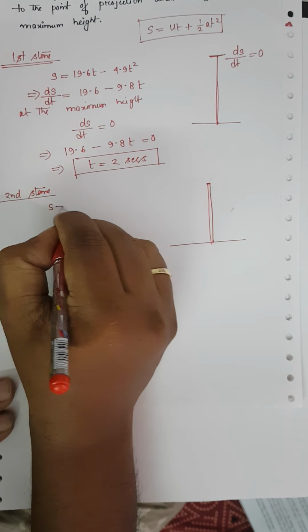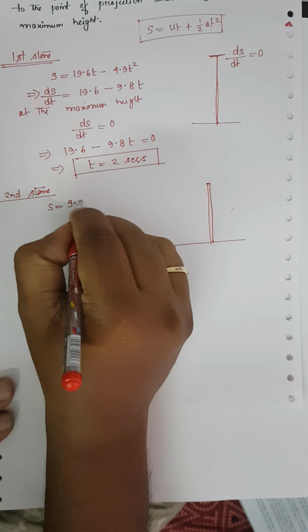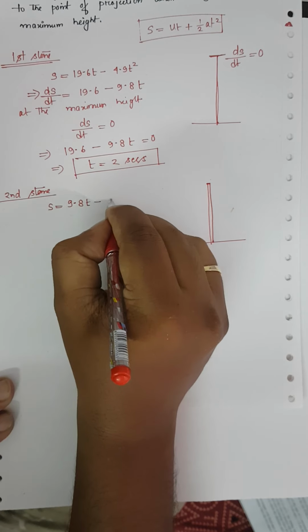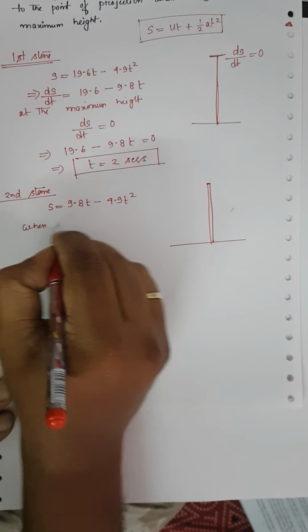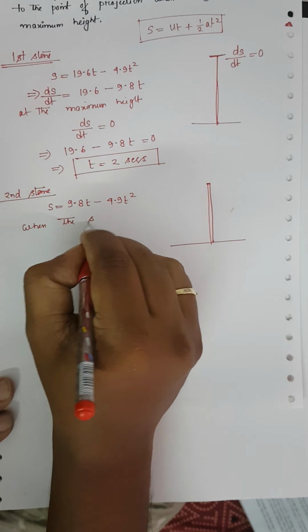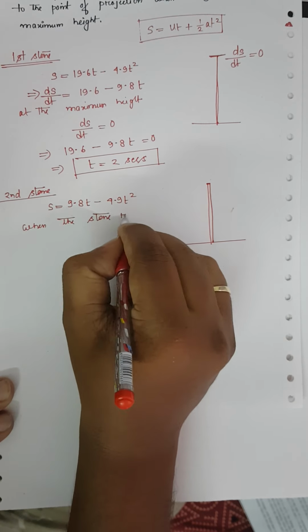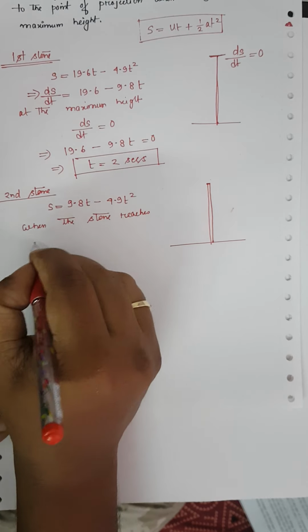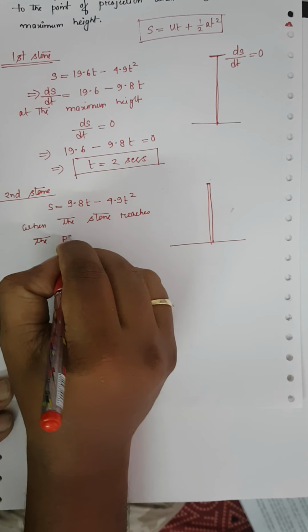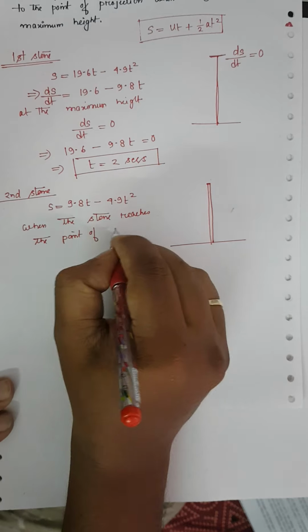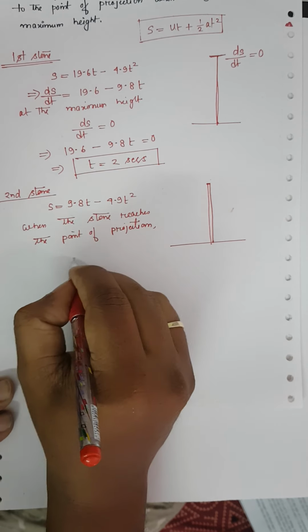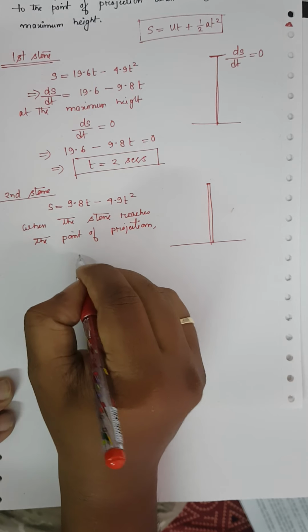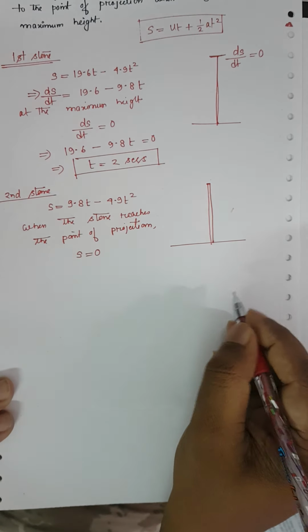So given that s is equal to 9.8 t minus 4.9 t square, when the stone reaches the point of projection, your total displacement will be equal to 0. s is equal to 0.